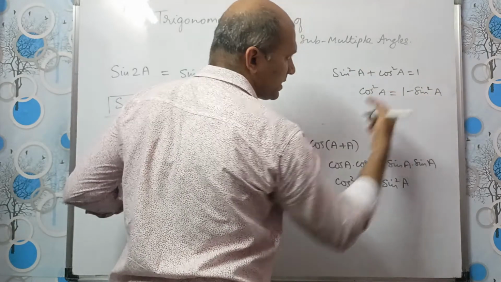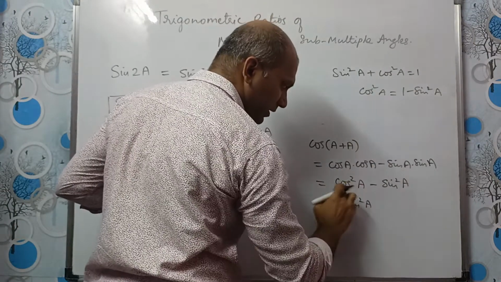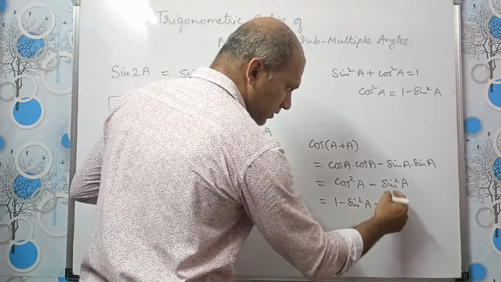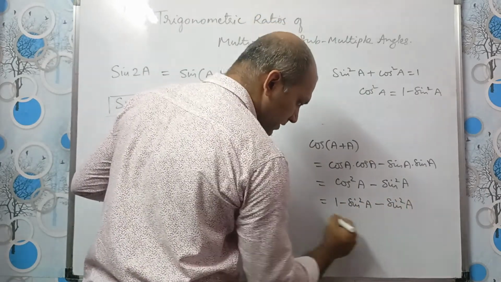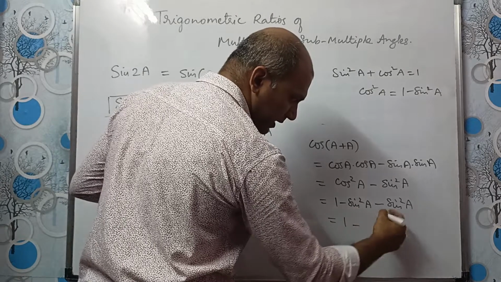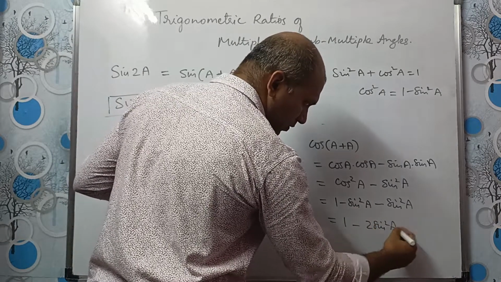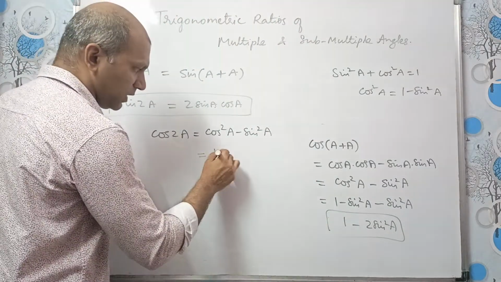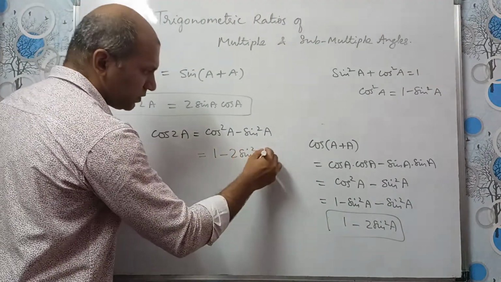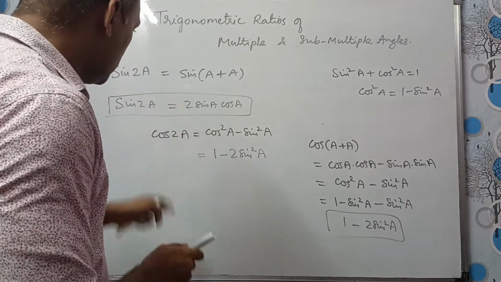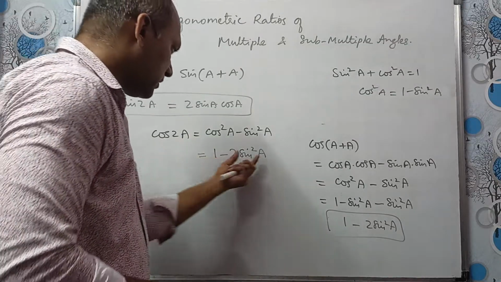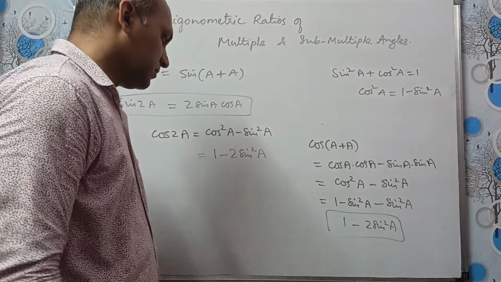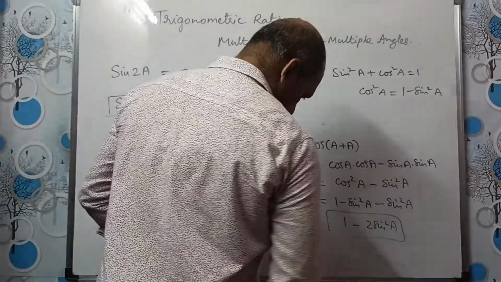It will be 1 minus sin square A. So in place of this cos square A, we are writing 1 minus sin square A, and this sin square A as it is. So this is 1 minus sin square A two times, right? So you can write it like this also: 1 minus 2 sin square A. See, cos 2A, if you want to write it in sine form only, is 1 minus 2 sin square A. Alright. Okay.